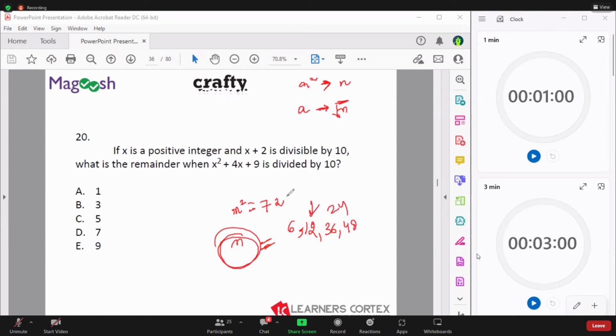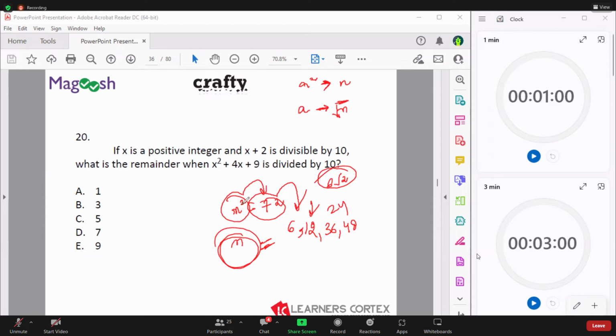So the answer was 12. If n square is divisible by 72, then it will also be divisible by its square root, which is basically 6 root 2.